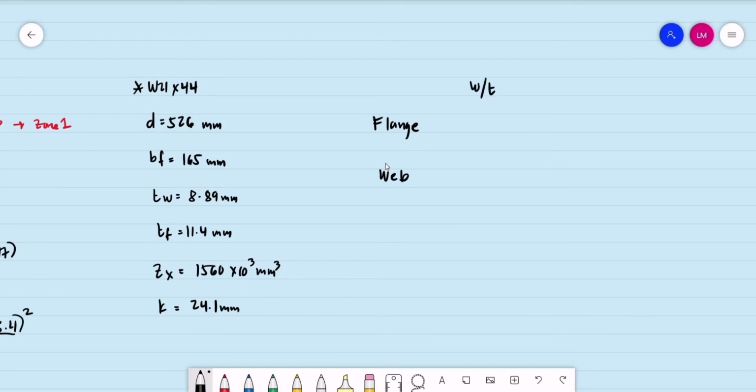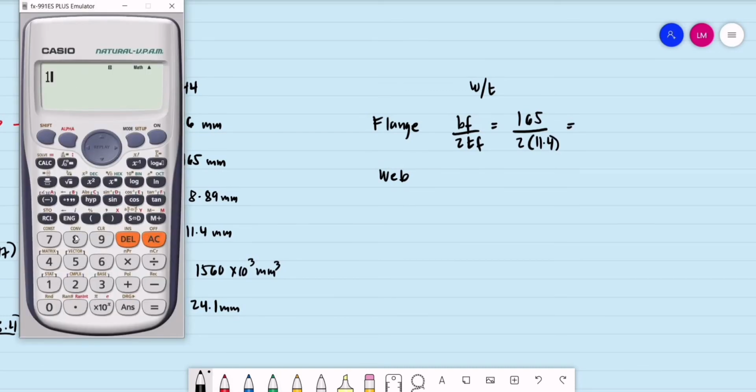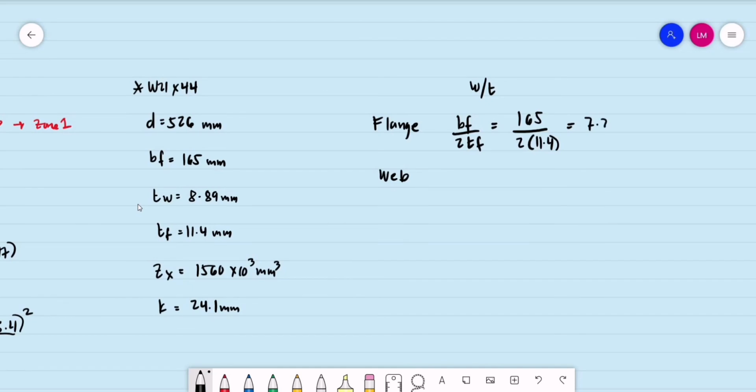For the flange, this is the flange width divided by twice the thickness of the flange. So we have 165 divided by twice of 11.4, and that is equal to 7.24.